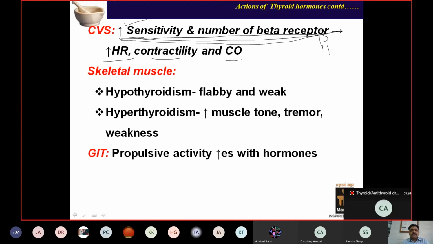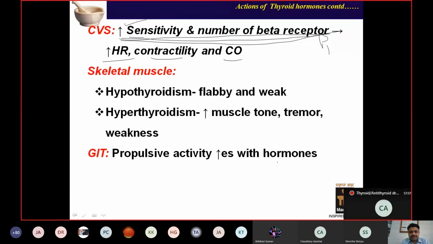And GIT: propulsive activity increases with the hormone. The peristaltic movement is increased. So what will happen if there is hypothyroidism, when the thyroid hormone is less? Roll number 7, what will you expect in hypothyroidism?